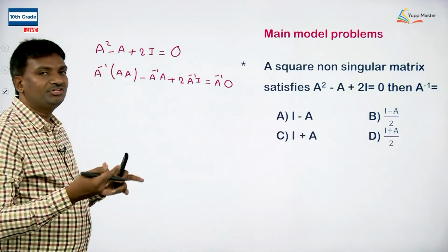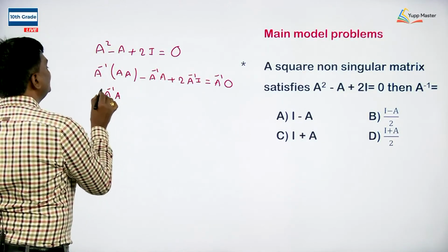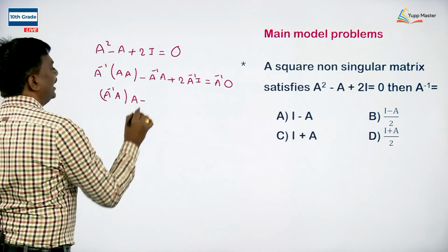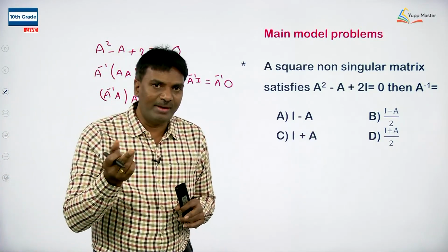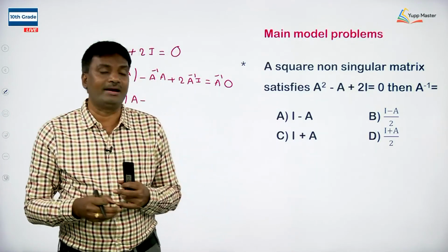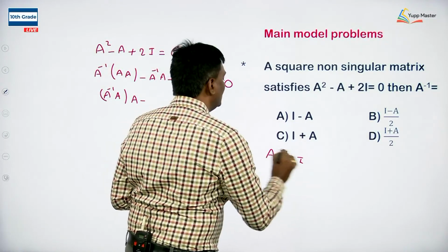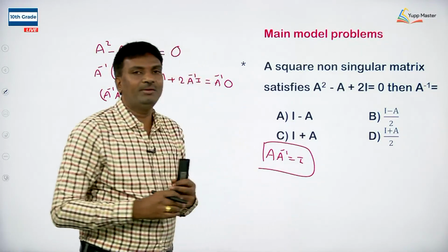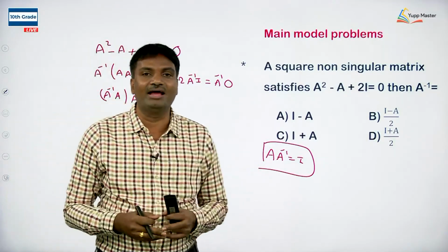Here A inverse into A can be written as I, because if we multiply the given matrix with its inverse, then we will get the identity matrix, according to the definition of the inverse of a matrix.